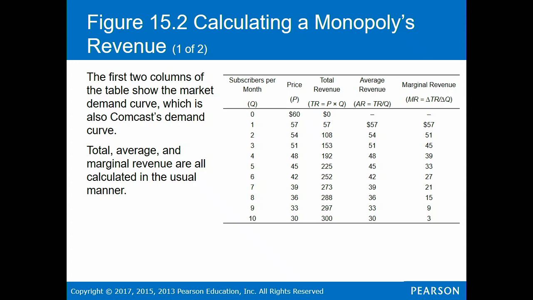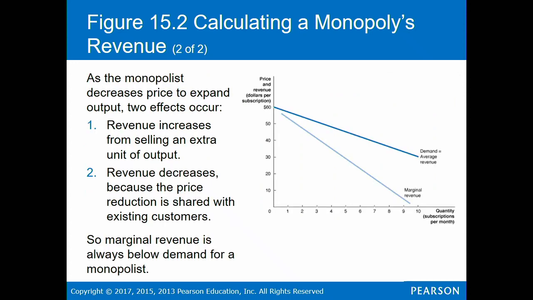But going from the second to the third unit, we're going from a marginal revenue of 51 to a marginal revenue of 45. So the price we're selling for those 3 units is $51. The marginal revenue is only 45. And the reason we're seeing the marginal revenue fall each time we're selling an additional unit is because each time we're selling 1 more unit, we're lowering the price.